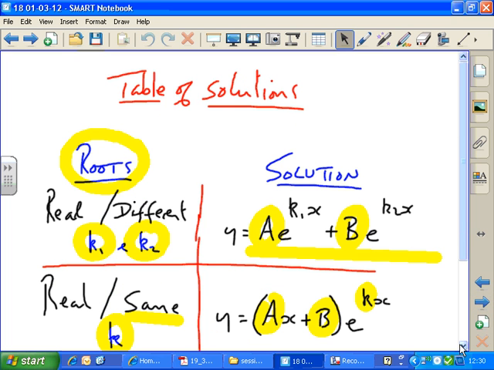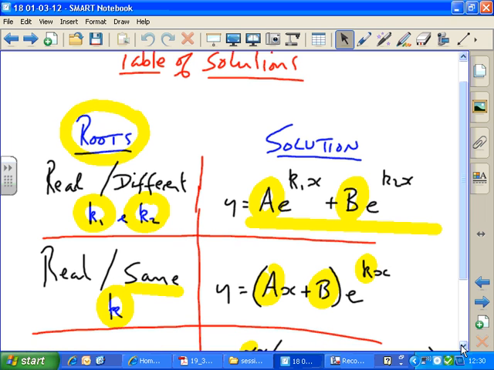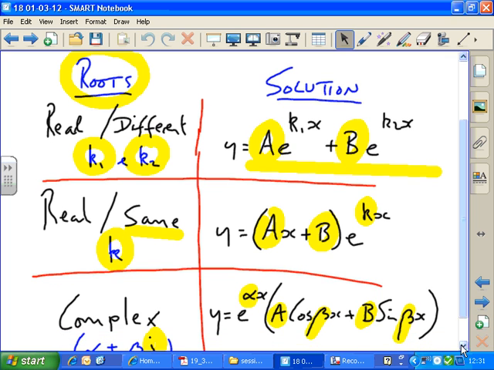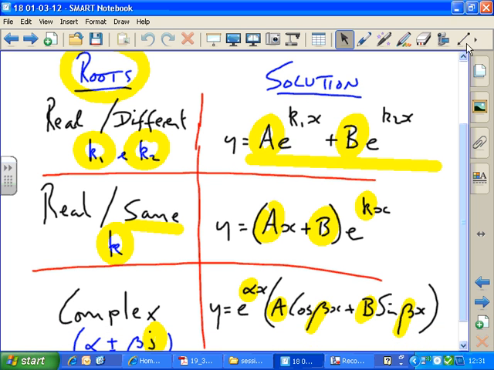First of all, when we've formed our auxiliary equation, we solve it. We end up with three possible solutions, as we'll see. The auxiliary equation is quadratic, which gives us two roots, so there are three different situations that I think we mentioned last time. The first one is real and different roots.